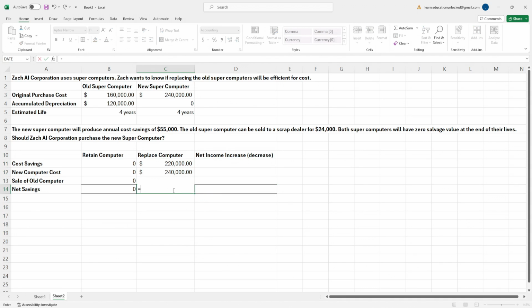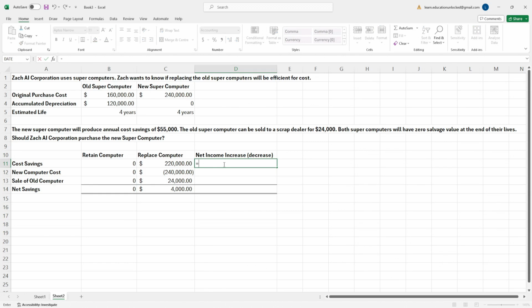And so our net savings, if we're saving 220, and sorry, actually this should be in the negative, just so it's clear that we are spending 240. So it'll be 220 plus, since this is a negative, we're going to be adding it, and then plus the 24,000. So our net savings is 4,000 if we do purchase the new computer.